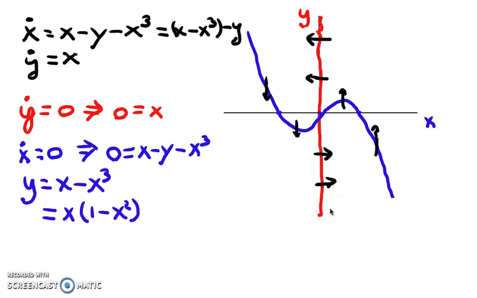Now, there's other ways of indicating this. You can consider a point out here and note that since x is positive, the rate of change of y must be positive, and since we're above the cubic, the rate of change of x must be negative, and then that would tell you that in this quadrant, the flow is generally to the northwest.